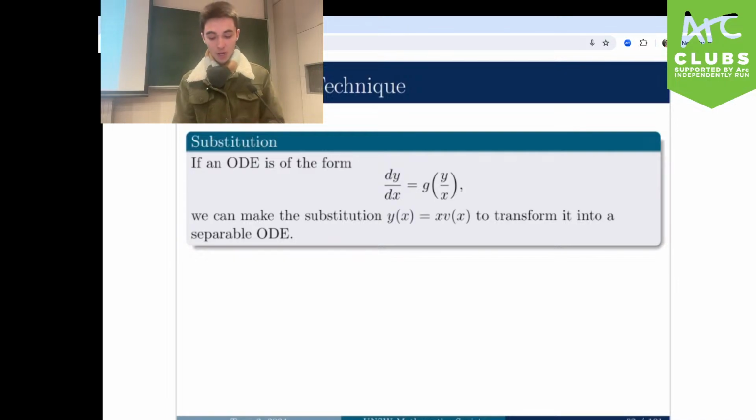The particular case where you can do this is when your differential equation can be expressed as dy over dx is equal to some function g of the fraction y over x, right? So that means that basically in your equation, you can group together your y's and x's into bundles like this, right? Where the y is always in the numerator and the x is always in the denominator.